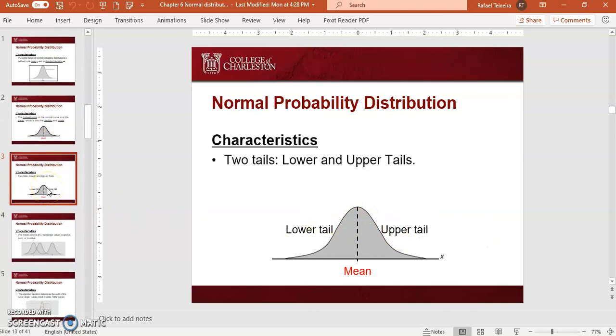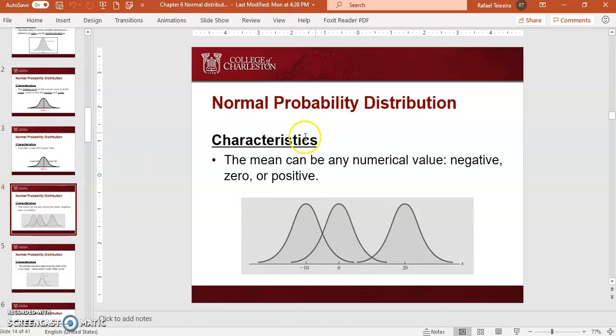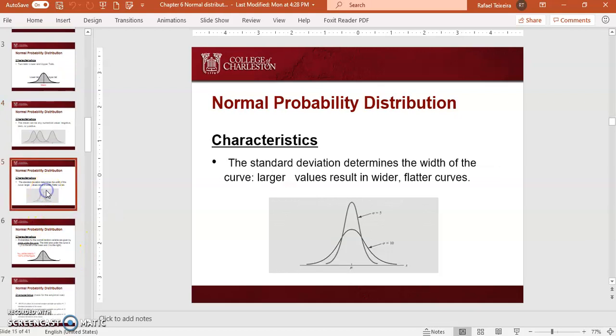Get used to this terminology because many questions talk about them. Also, the normal probability distribution can take any numerical value. Could be negative, for example, -10, or 0, the mean 0, or the mean 20. It can be any negative, positive, or 0 value.